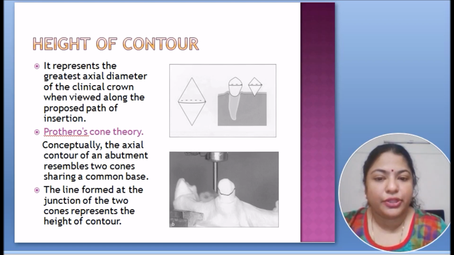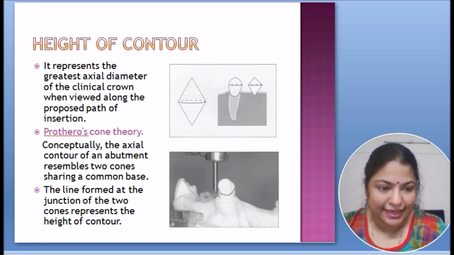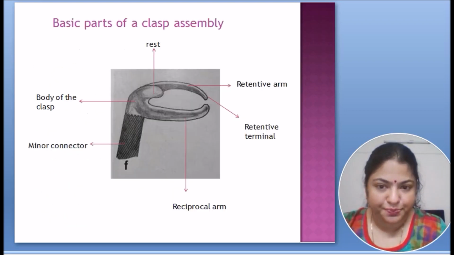If we consider Prothero's cone theory, it conceptualizes the axial contour of an abutment as resembling 2 cones that share a common base, and that common base is at the line formed by the junction of these 2 cones, which represents the height of contour. What are the basic parts of a clasp or a retainer?